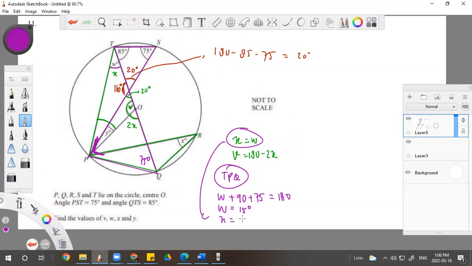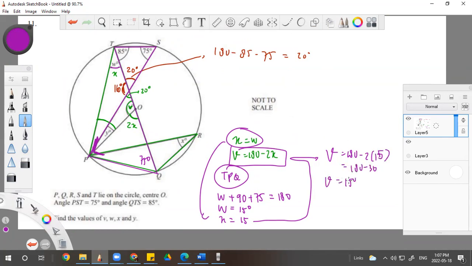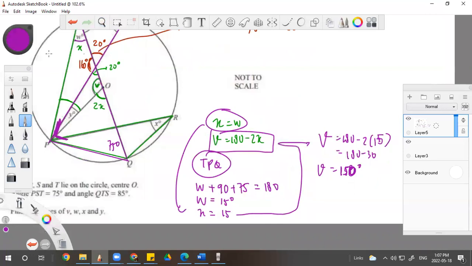So X equals 15. V-nya juga udah dapat, lu tinggal taruh ke sini. V equals 180 minus 2X, jadi 180 minus 30, 150 degree, right? We get almost all the Y. Y-nya tinggal lanjutin segitiga yang di-bold. Look at this triangle.